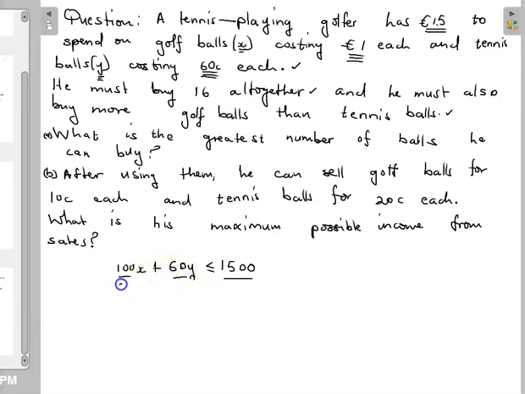So we can divide throughout by 20. We simplify our inequality. It will give us 5x plus 3y is less than or equal to 75. So we have our first inequality here. So objective number 1 is now being put to the test.